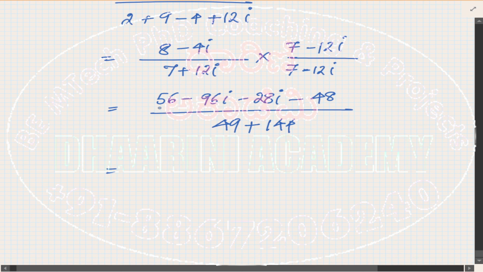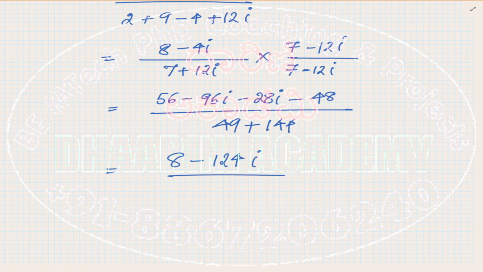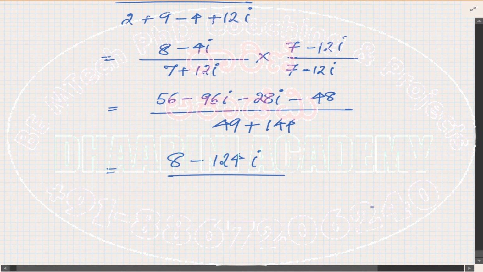This is 56 minus 48, which is 8, then minus 124, the whole divided by 144 plus 193, right? Okay, 193.